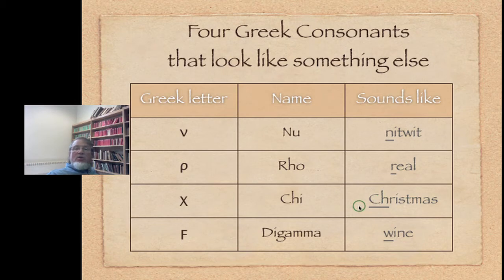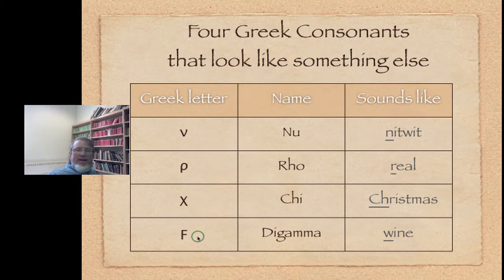You'll know it in Christmas and psyche, psychology, and chorus. All the CHs that aren't "ch" but instead are K in English, they come from this. You can pronounce it as a hard K if you want to, but it really isn't. It's much more like a K with air let out around it.